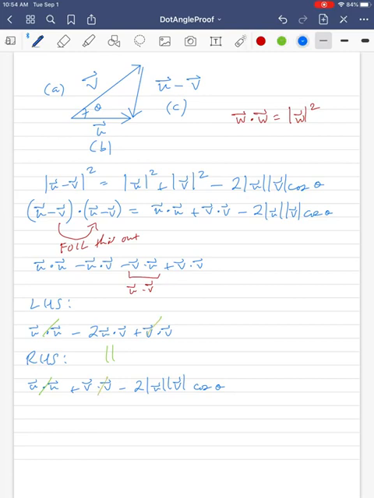So what we're left with is negative 2 u dot v equals negative 2 length of u, length of v, cosine theta. Cancel the minus 2's from both sides, and what do you get? You get what I claimed is true: u dot v is equal to length of u, length of v times cosine theta. And that does it.